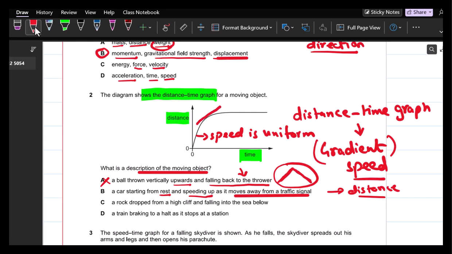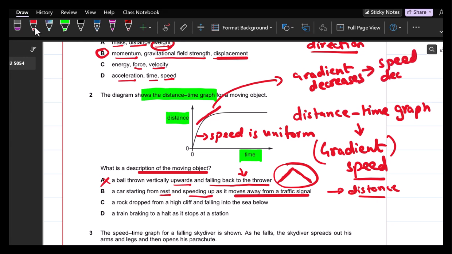This indicates the gradient decreases, which indicates speed decreases. And then it becomes straight, so speed is zero here, and acceleration is zero. So you can say here we have zero gradient. So these two options are not satisfying this.